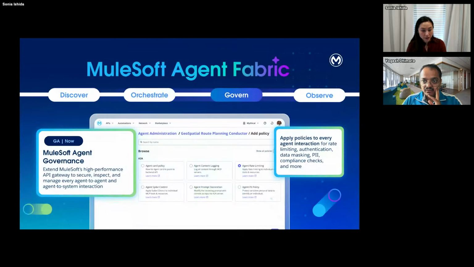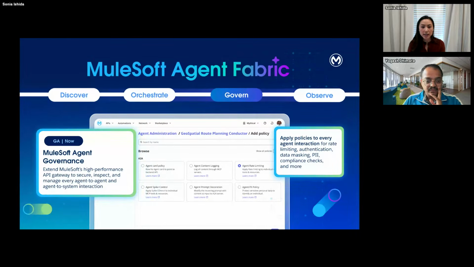Now, the 3rd pillar, a double click into it. Without governance, orchestration, we know the chaos. With MuleSoft Agent Governance, we are able to use Flex Gateway as well as MCP and ADA to enforce guardrails that enterprises need. What we're able to do is apply consistent policies and compliance controls across every agent interaction, regardless of where that agent runs.